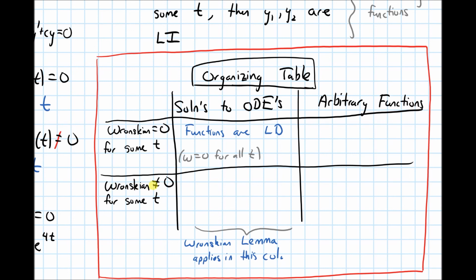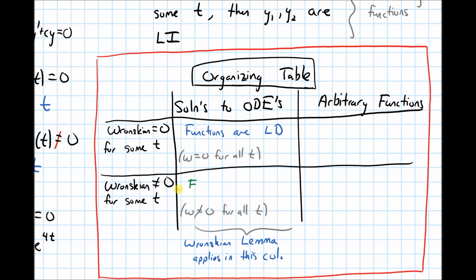And then when the Wronskian is not 0 for some value of t, as long as our functions are solutions to an ODE, this will imply that the Wronskian is not 0 for all values of t.